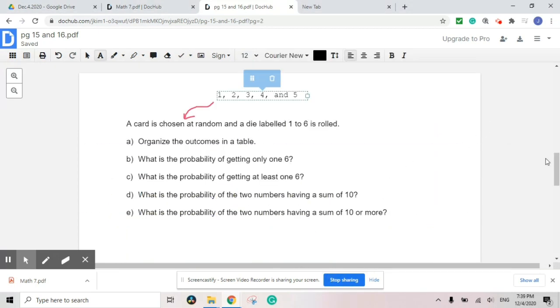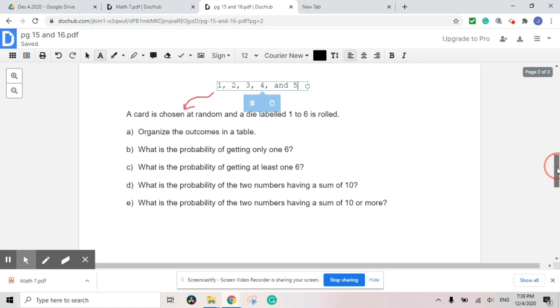All right, now we are at the last question, and this is our last part of today. I forgot to give a diagram for this question, so I'm going to show you. A card is chosen at random and a die labeled 1 to 6 is rolled.